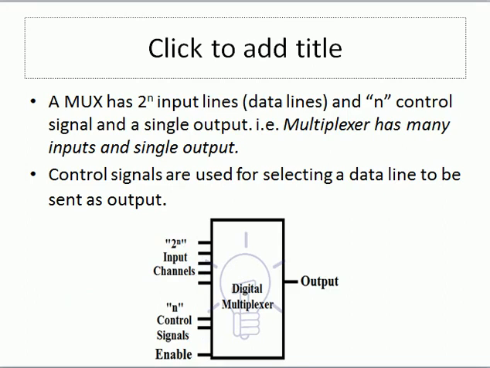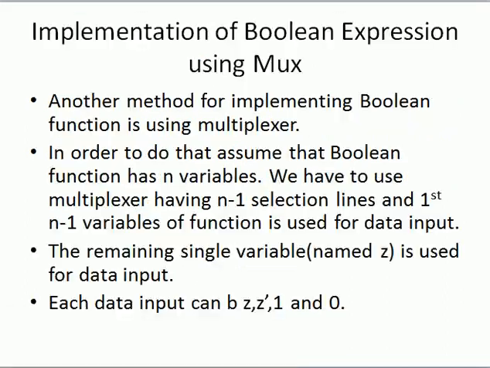Now we will come back to today's topic, that is the implementation of Boolean expression using mux. Another method for implementing a Boolean function is using a multiplexer. In order to do that, suppose that a Boolean function has n variables. If we have n variables, how many select lines will there be?